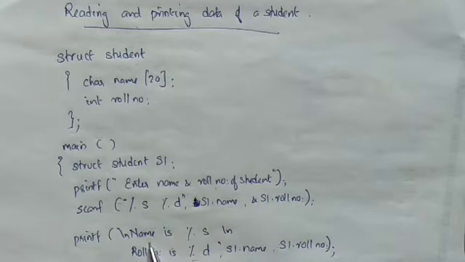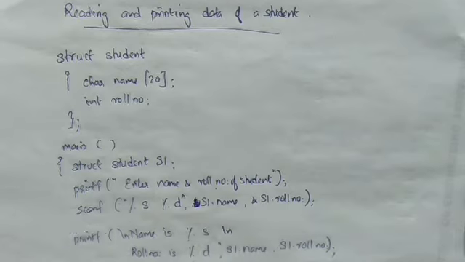Similarly, you can print the name and roll number, S1 dot name and S1 dot roll number. You can similarly create around 5 structure variables and read the name and roll number of 5 students. So instead of declaring 5 variables, like how you did in arrays, you can create an array of structures, that we'll see in the next program.